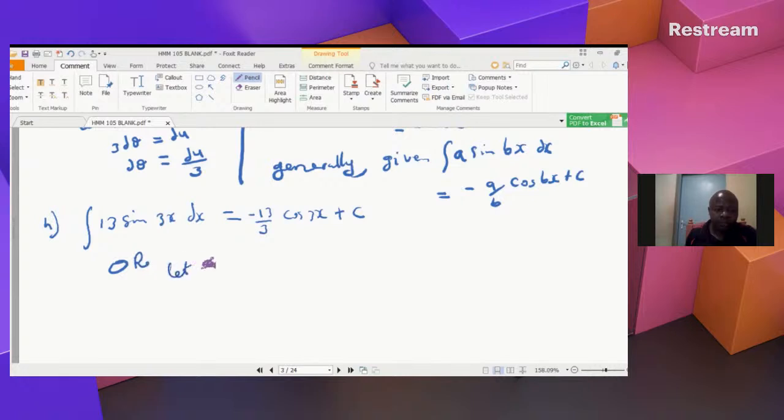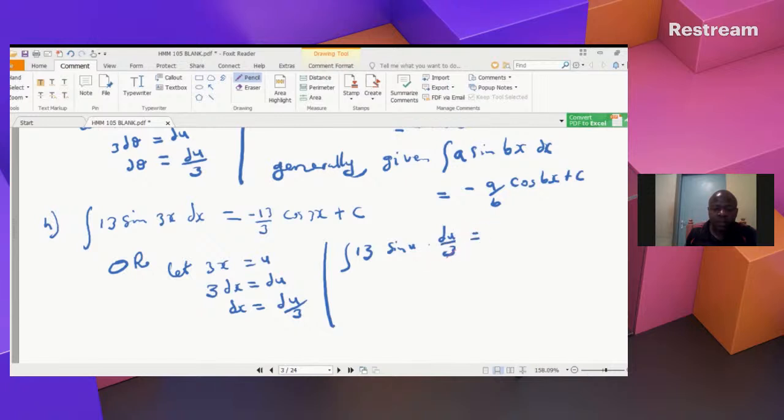let 3x be u. Differentiating both sides, you have 3 dx giving you du, and make dx the subject of the formula, which will give you du out of 3. And then come and integrate. This is the integral of 13 sine of u. Instead of dx, we write du out of 3.